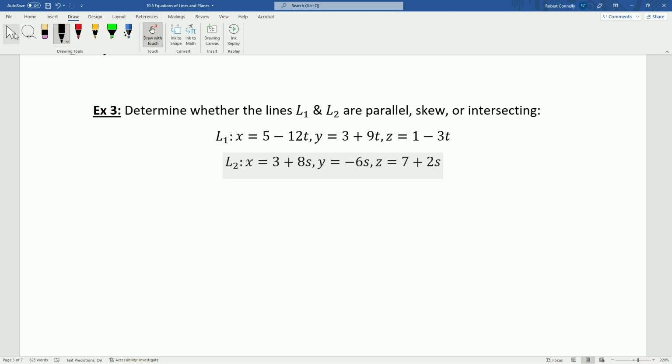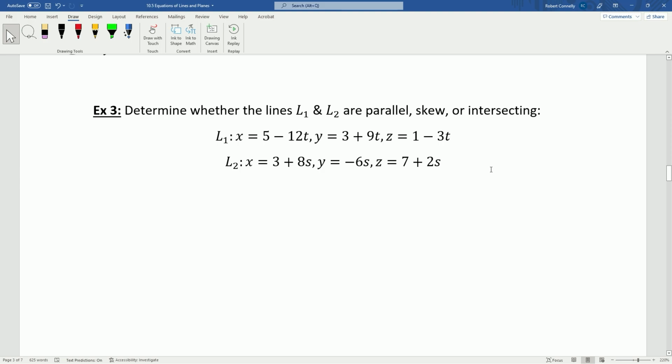Okay, so determine whether the lines L1 and L2 are parallel, skew, or intersecting. Well, they would be parallel if their direction vectors were scalar multiples of one another. That's the first thing to consider. Skew would mean that these lines are not intersecting and they're not parallel at all.